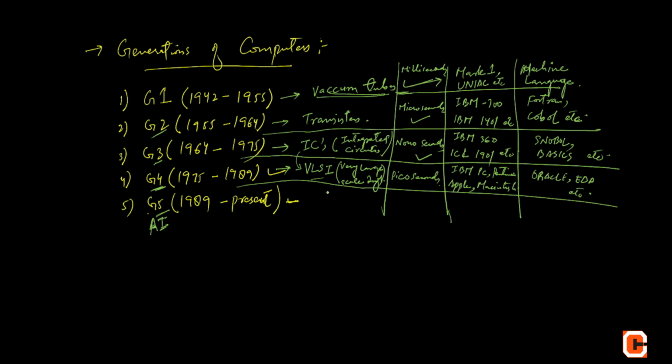The VLSI technology which was used in the 4th generation became ULSI, ultra large scale integration, resulting in production of microprocessor chips having millions of electronic components on it.